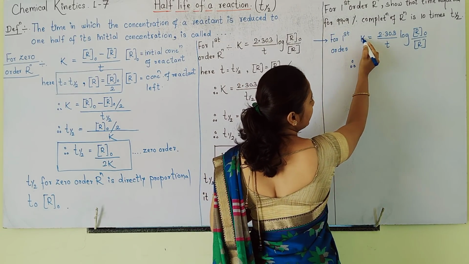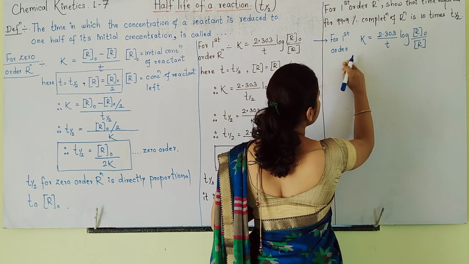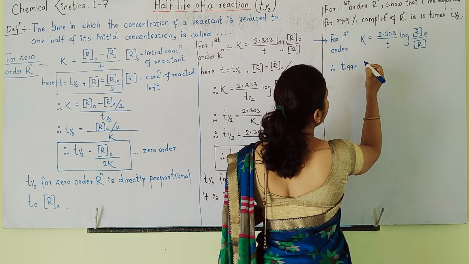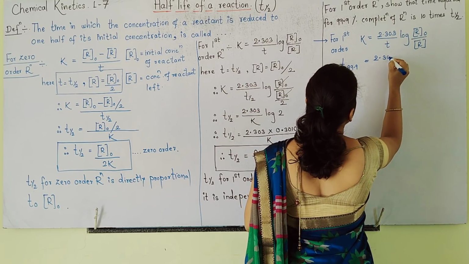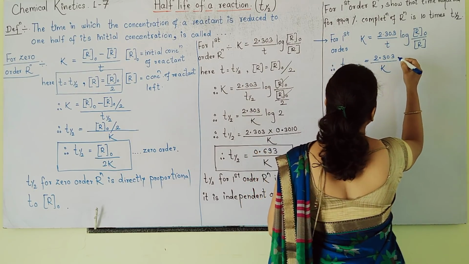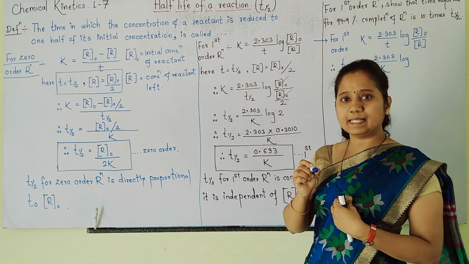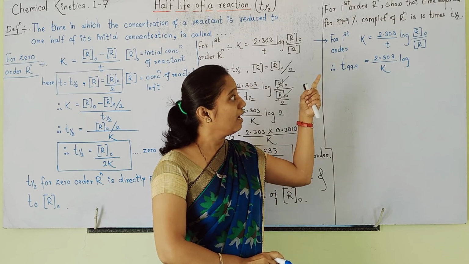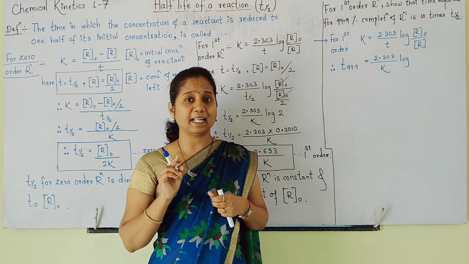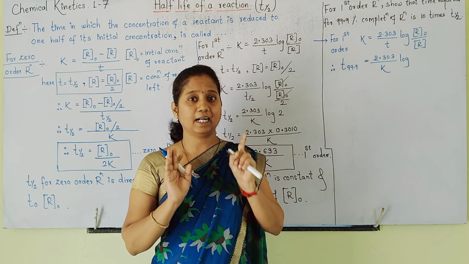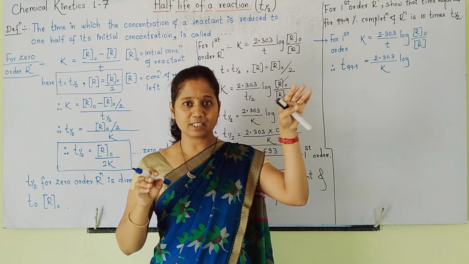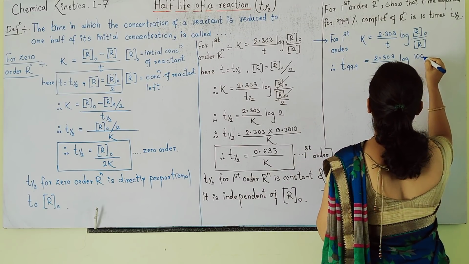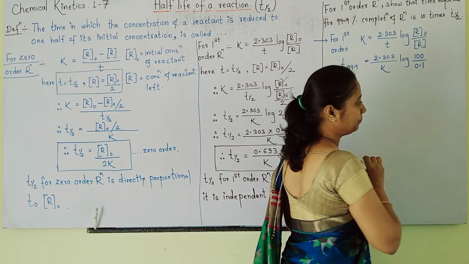Taking time to this side, K goes to the denominator, so T for 99.9 is equal to 2.303 divided by K log of R naught by R. Students, in NCERT this problem is also solved, but we can solve it in quite an easy way with very few calculations. Initially there was 100, 99.9 is completed, and left is only 0.1. So I take R naught as 100 and R as 0.1.